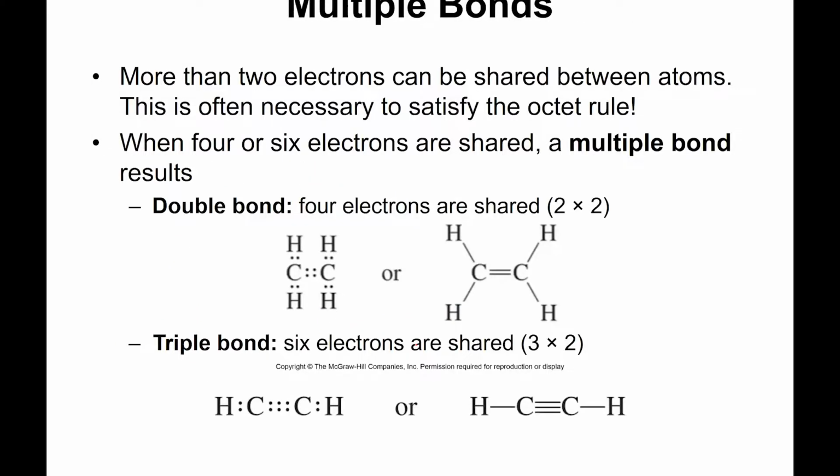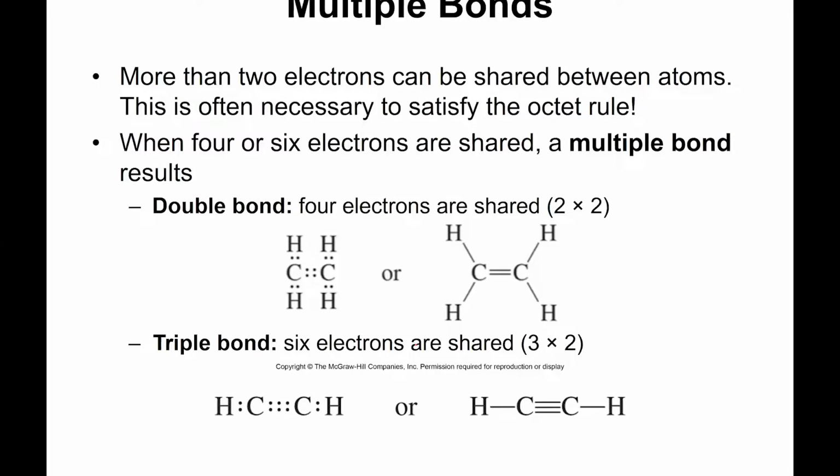Okay, but we've done a lot with the single bonds and Lewis dot structures, but we will also be looking at multiple bonds, things like double bonds and triple bonds. So more than 2 electrons can be shared between an atom, and often this is necessary to satisfy that octet rule.